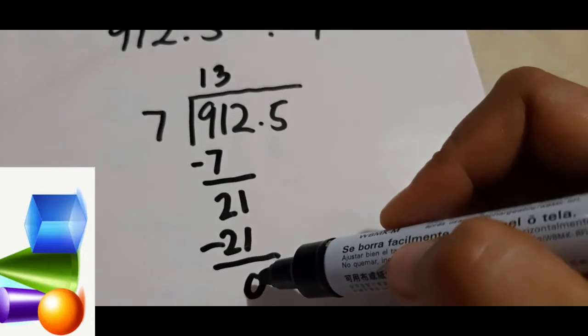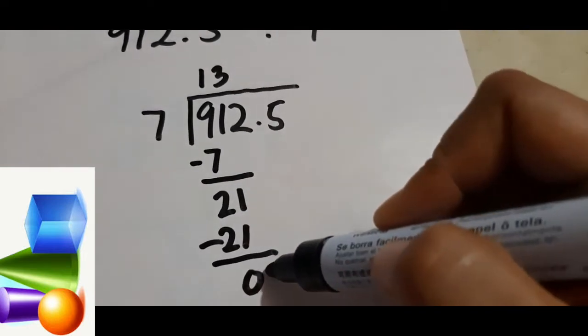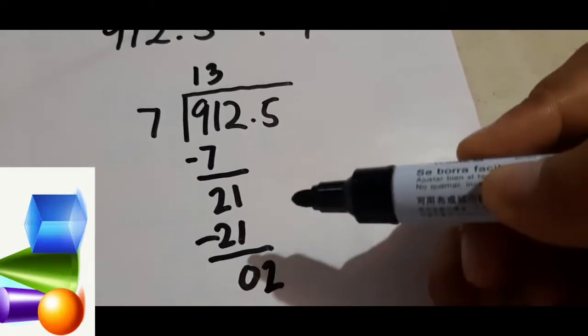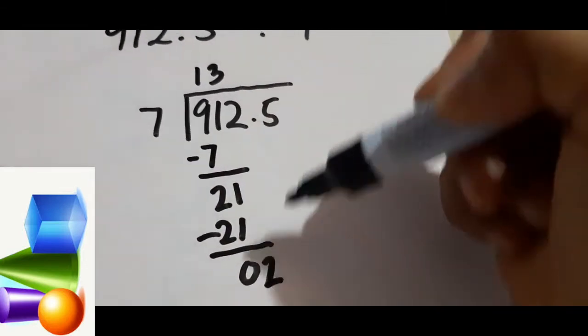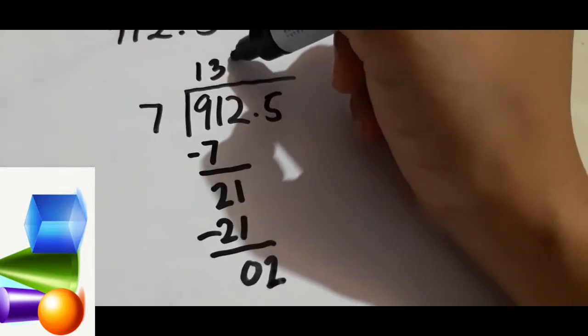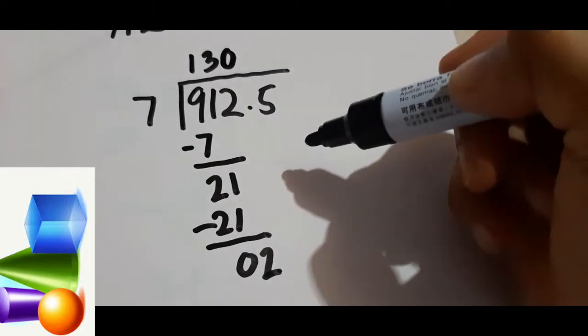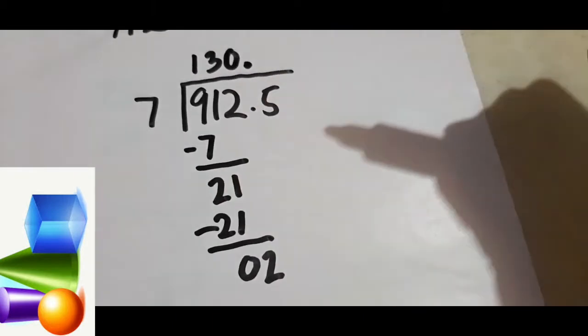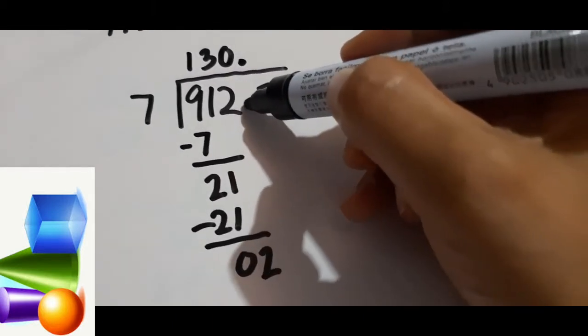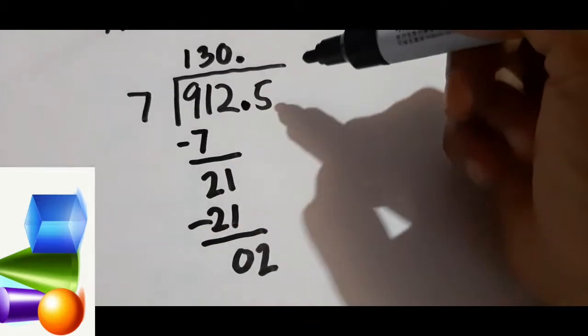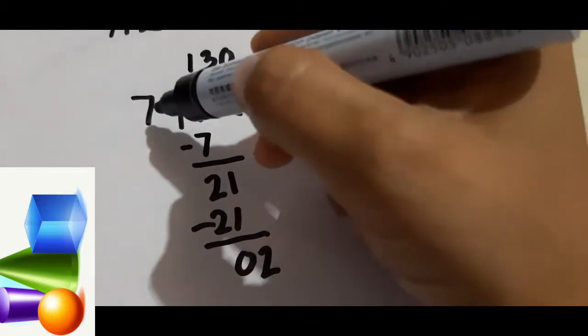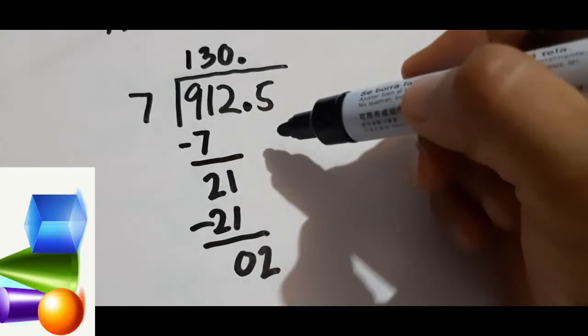So since it is 0, we need to bring down 2. But it is 0, it's nothing, so we need to add 0 here. Then place the decimal point, because there is a decimal point here, and you did not move it because it's already a whole number.